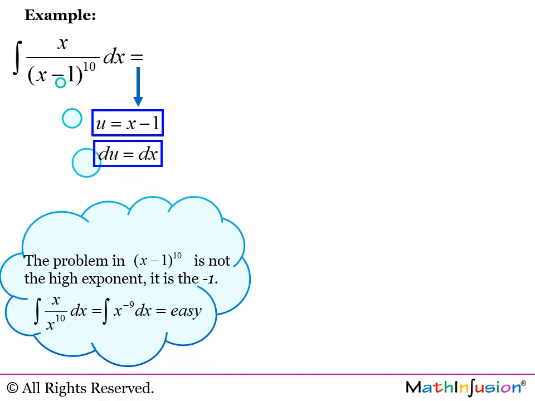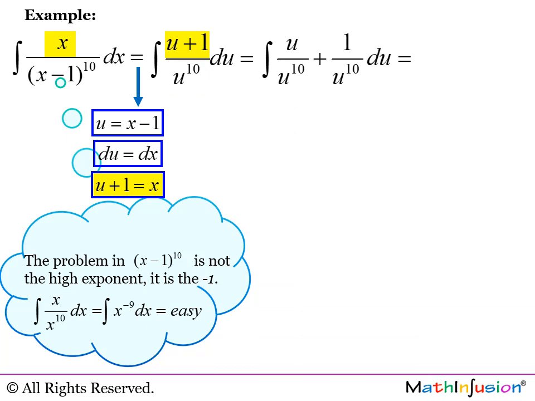So du is dx. And now what I have to do is only take care of this guy here. But if u is x minus 1, then u plus 1 is x. So now I'm getting this one. This is an easy integral. I have one term in the numerator, so I can distribute.